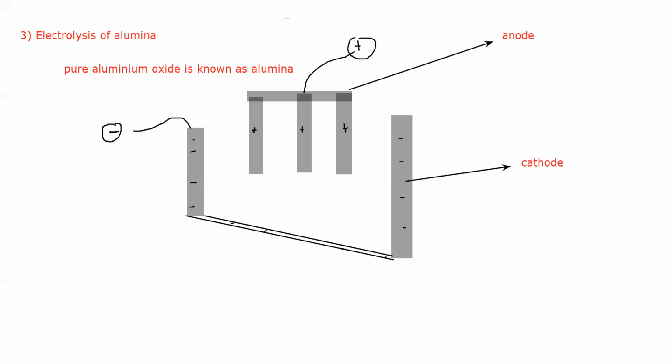And here we have an electrolyte, a molten electrolyte of aluminium oxide.